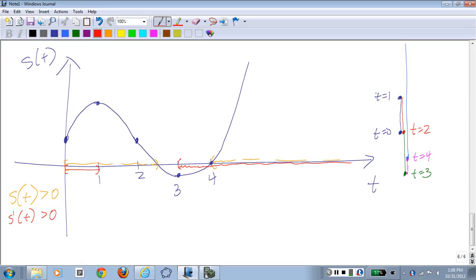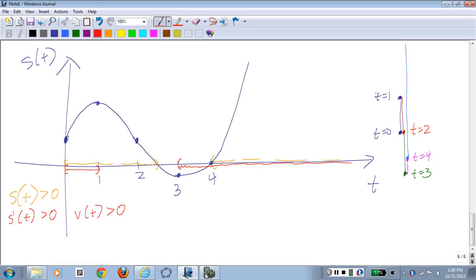So we need to talk about speed. The velocity of the particle, S prime of t, is v of t. So this is where v of t is positive. The speed is the absolute value of the velocity.